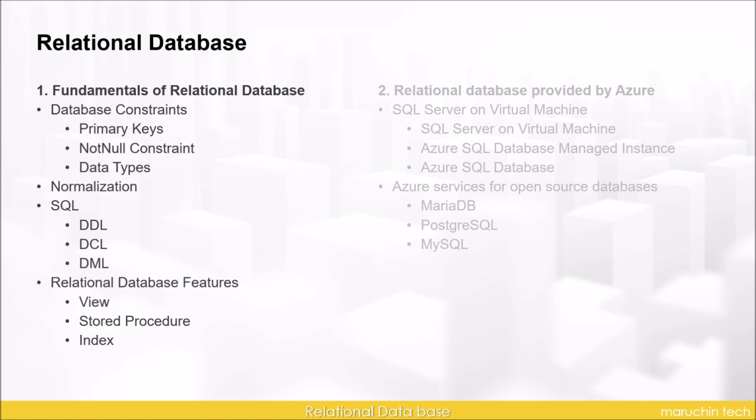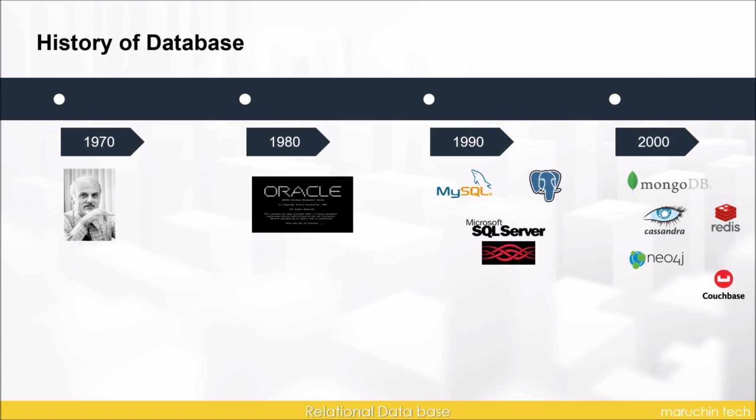And firstly, I'm going to introduce the fundamentals of relational databases. And this is the history of databases. The theory of relational databases was established by Edgar Codd of IBM in the 1970s.